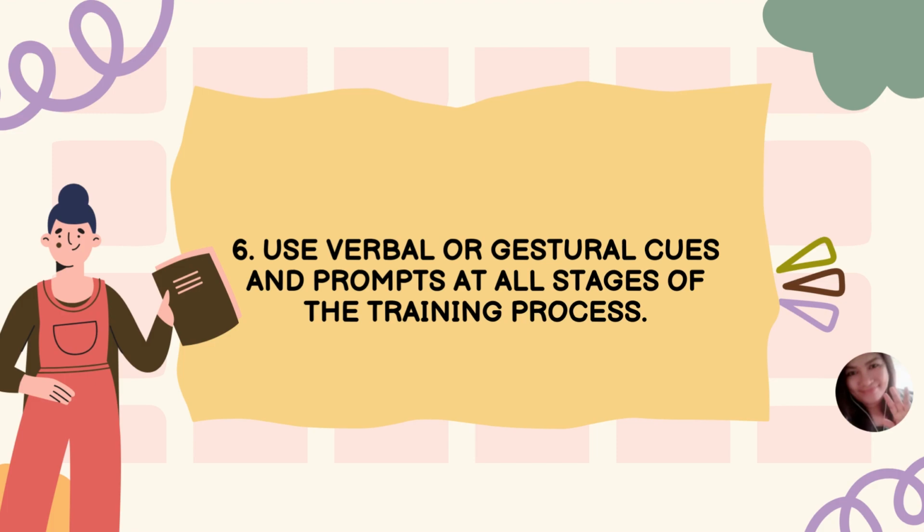Prompts and physical guidance may also be necessary at different stages of learning the task. Not surprisingly, at various stages of this learning process, students will regress to more elementary levels of responding. If this occurs, the teacher must return to an earlier stage of training.